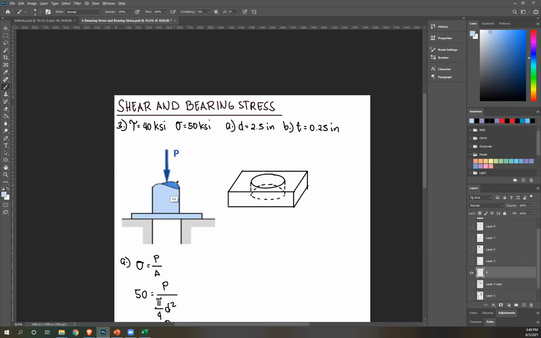Okay, this is the area, again, experiencing shear. This is experiencing shear. And then let's also include this.